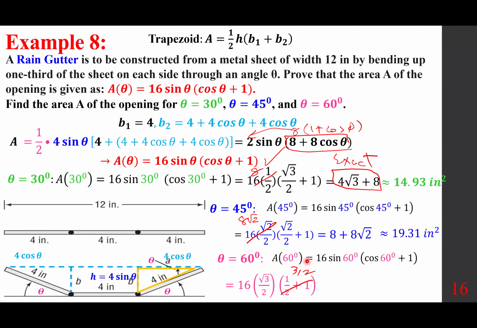The product of all of those gives us this exact answer of 12 square root of 3, or roughly 20.78 inches squared. So, in short, this is the most important part, proving this is the case. We've been over that. The rest of them we just plug in.